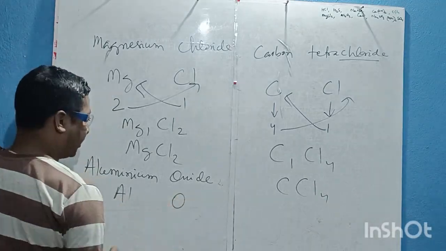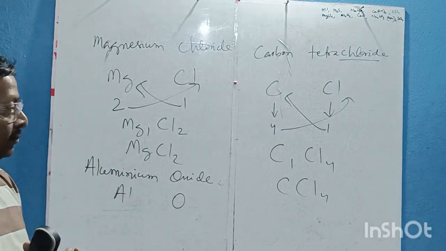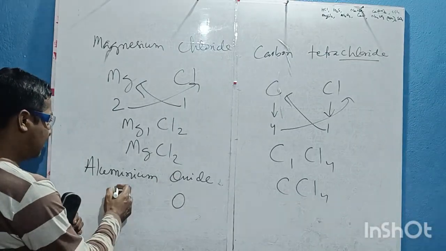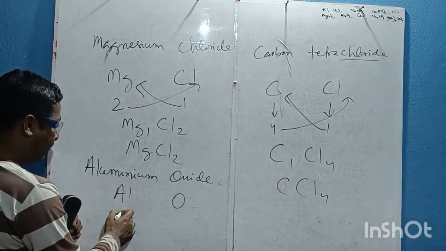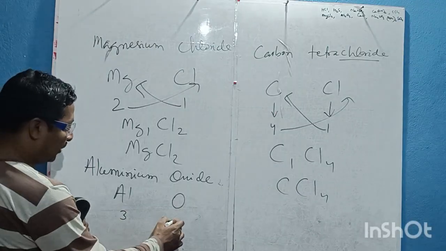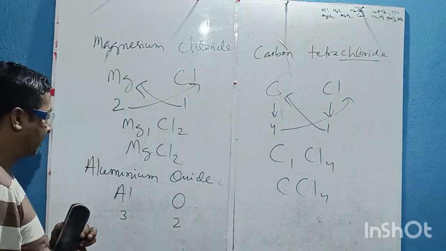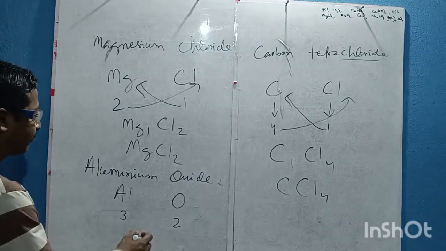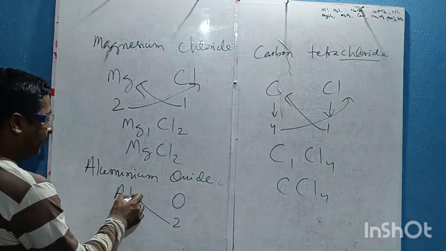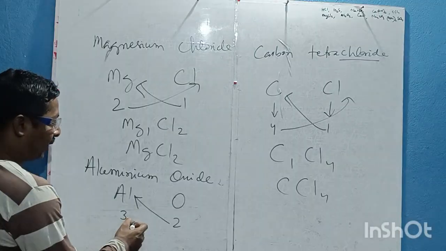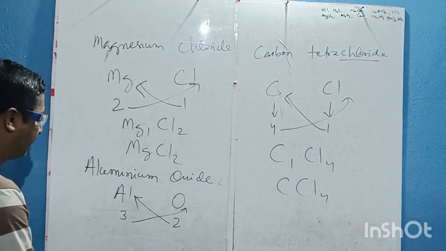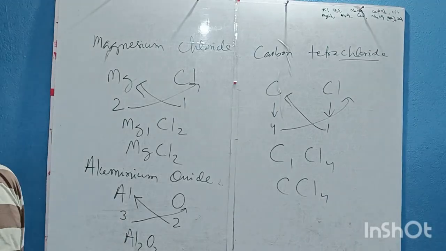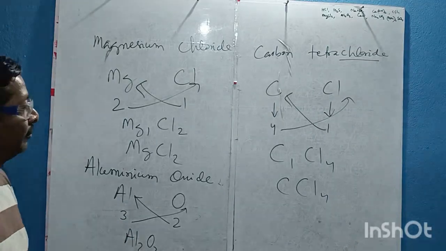So I can write here oxygen because the oxygen ion is called oxide. The valency of aluminium is 3 and the valency of oxygen is 2. This is plus 3, this is minus 2. So I am taking only 3 and 2 here. So 2 will be written here and 3 will be written here, Al2O3. So this is the final formula for aluminium oxide.